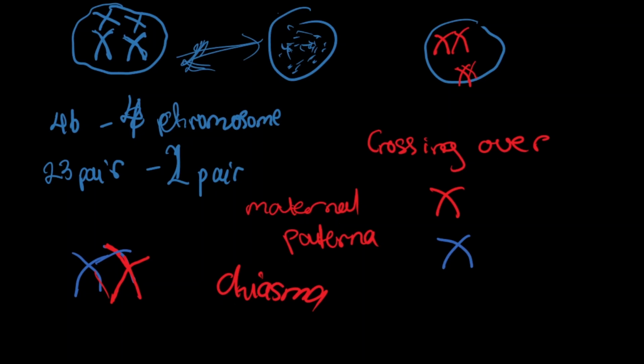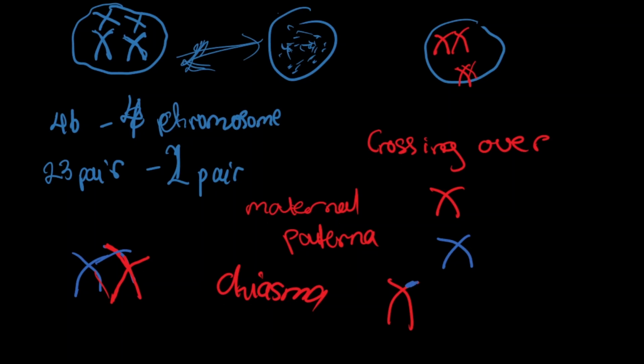Now when these homologous chromosomes separate in anaphase, they take away a part of each other. So we could have this taking a part.